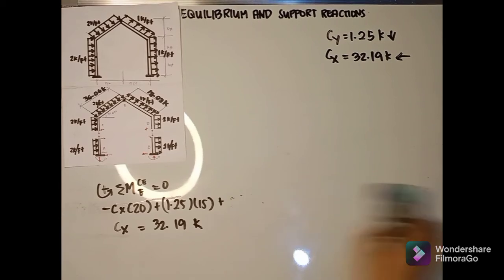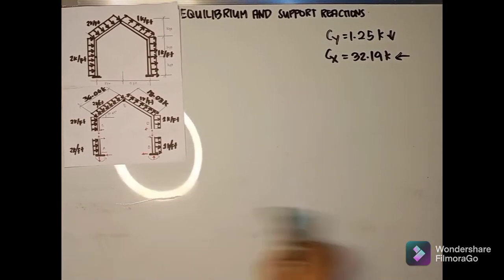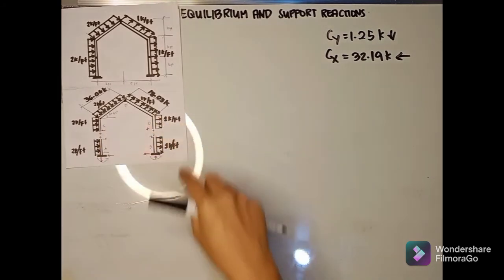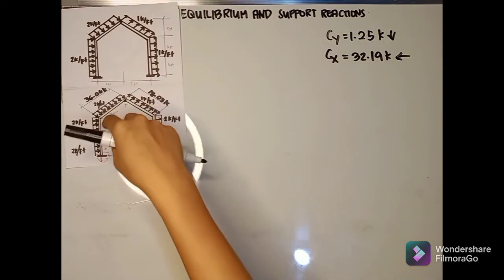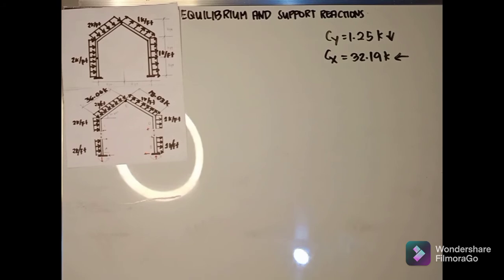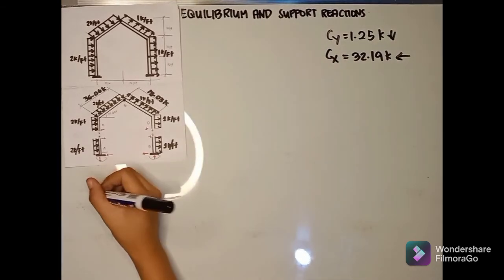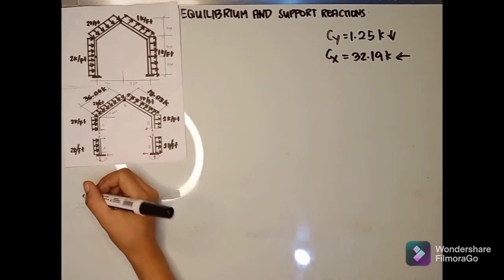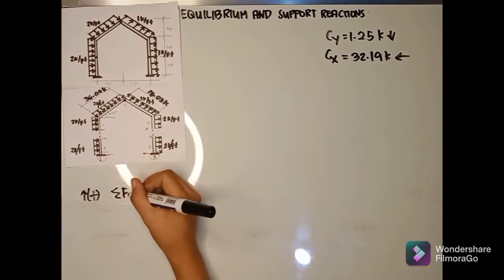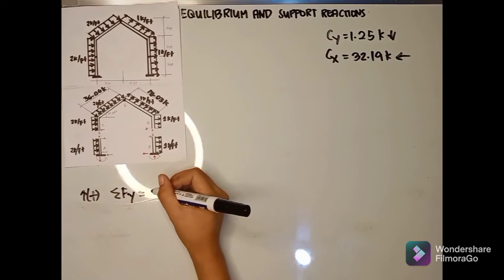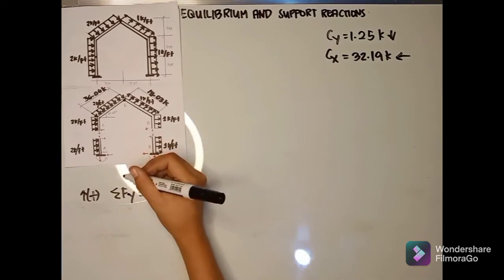Next. We can now see Cx and Cy here. Considering segment CED still, we can now use the summation of vertical forces. Upwards is positive. Summation of vertical forces is 0, considering portion CED.